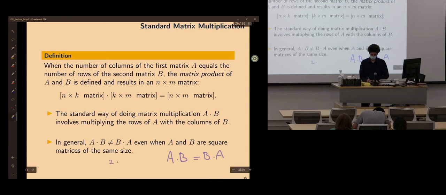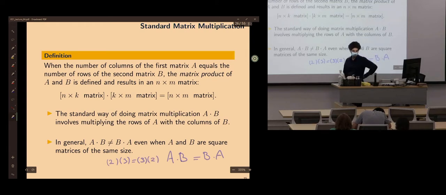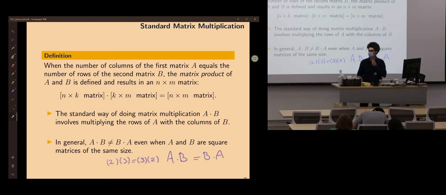Now with numbers, you can do that, right? 2 times 3 is the same as 3 times 2. No problem. So real numbers that we work with, they commute. We don't think about it because we don't care about the order of multiplication. But when you work with matrices, this is not true. For two reasons.